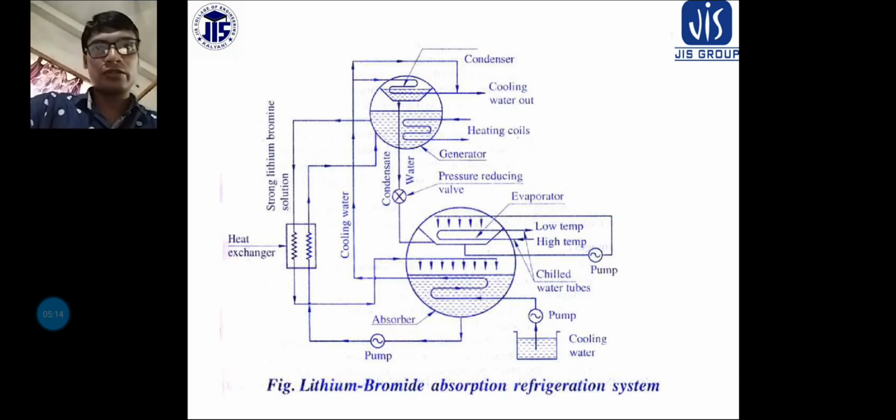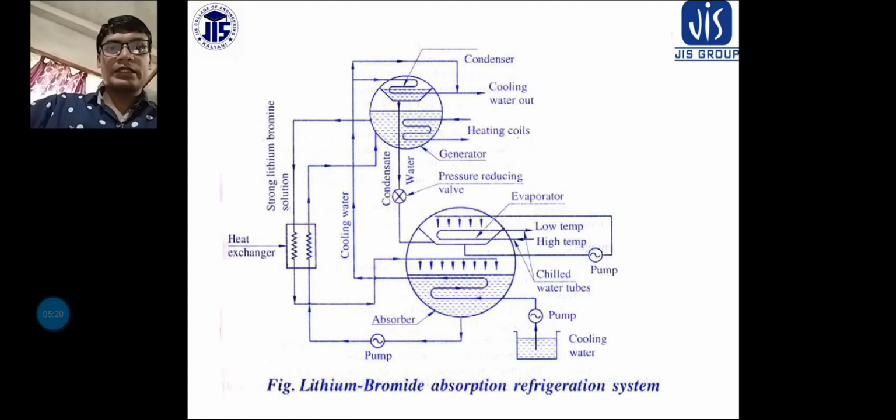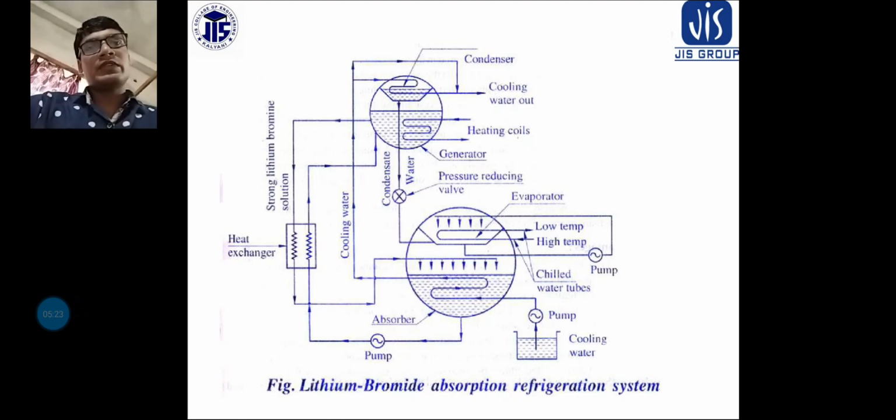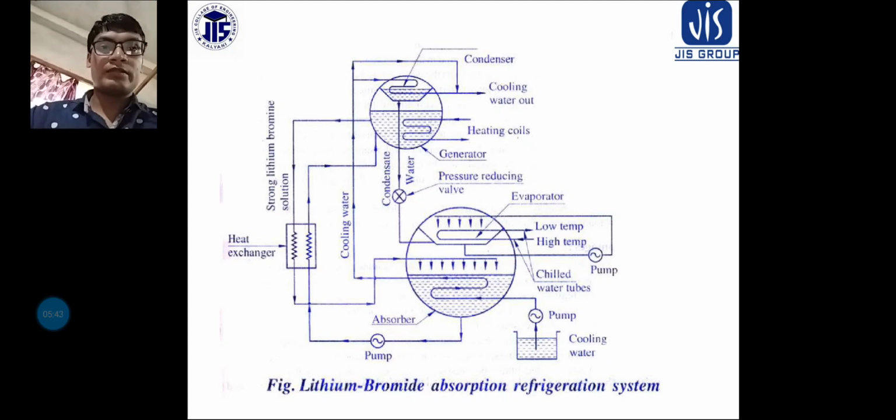By the help of that heating coil the temperature is raised in the generator. When the temperature rises, the refrigerant is vaporized from the lithium bromide solution, and the weak solution, mostly water with a little lithium bromide, remains.